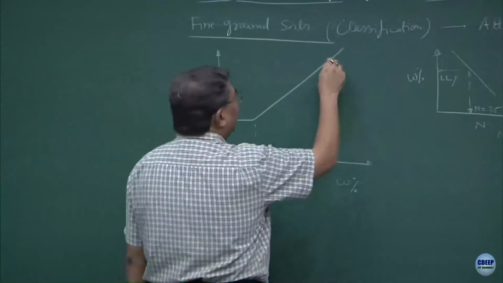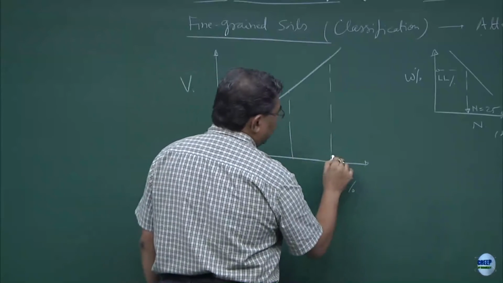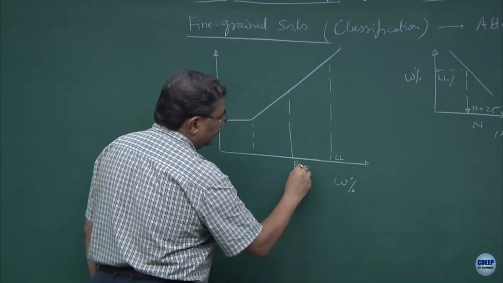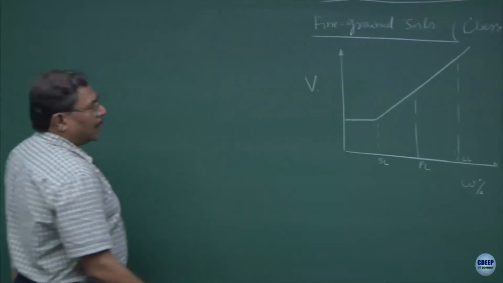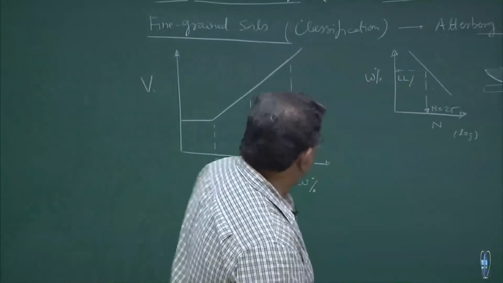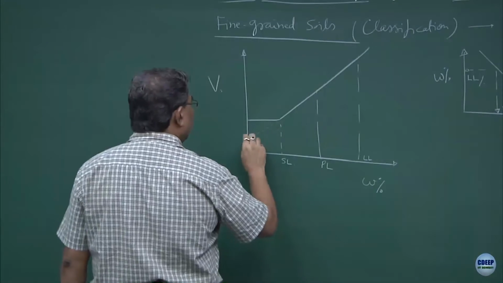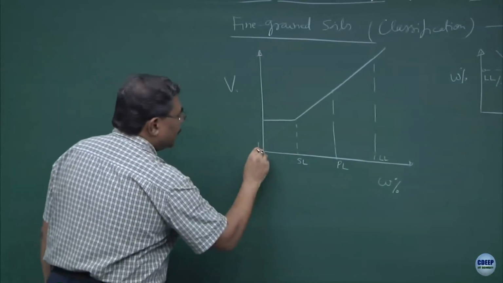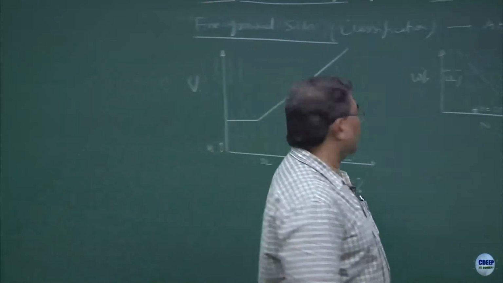Now, this is where I can define the three indices. The first one is liquid limit, this is your plastic limit, and this is shrinkage limit. One of the interpretations of these graphs is, if I extend this portion back and find the intercept on the volume axis, this is the volume of the solids. Clear?